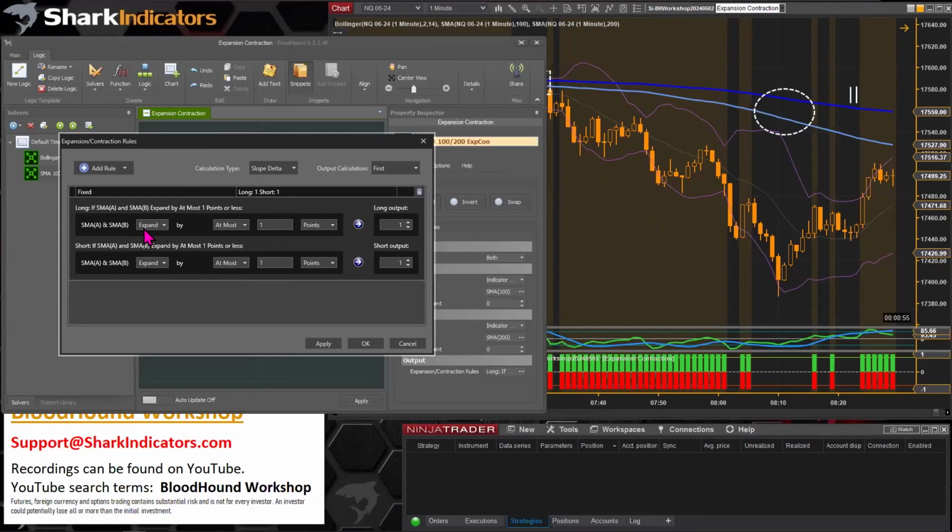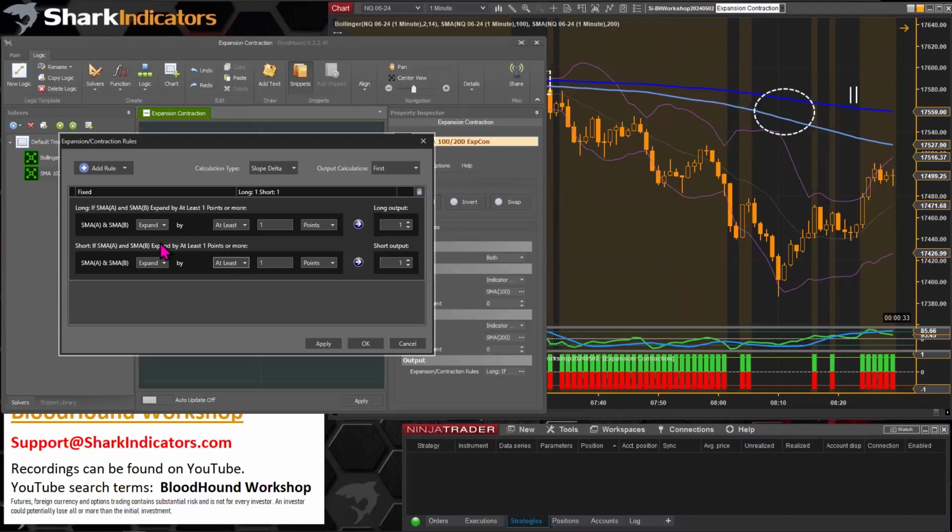So probably the typical use case here is that expansion is commonly going to be used to identify that volatility is expanding, right? I mean, that's what the Bollinger Band is doing.